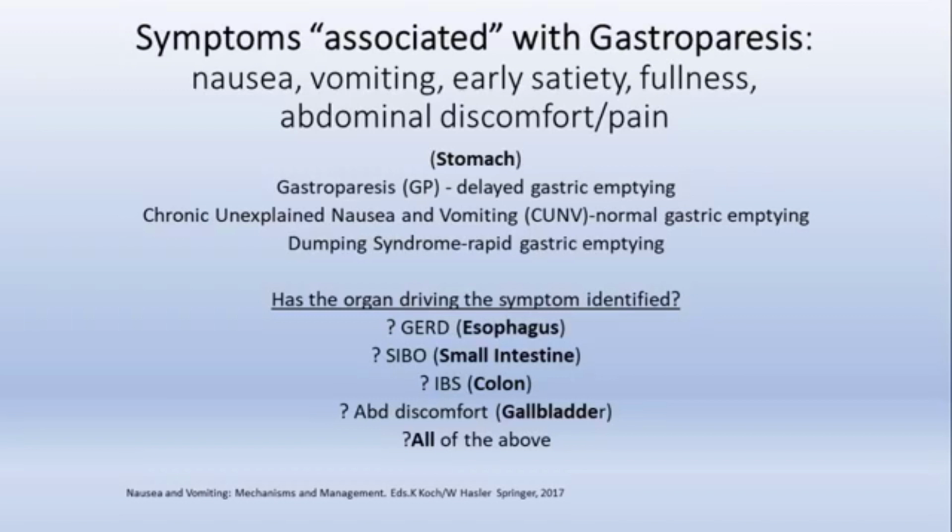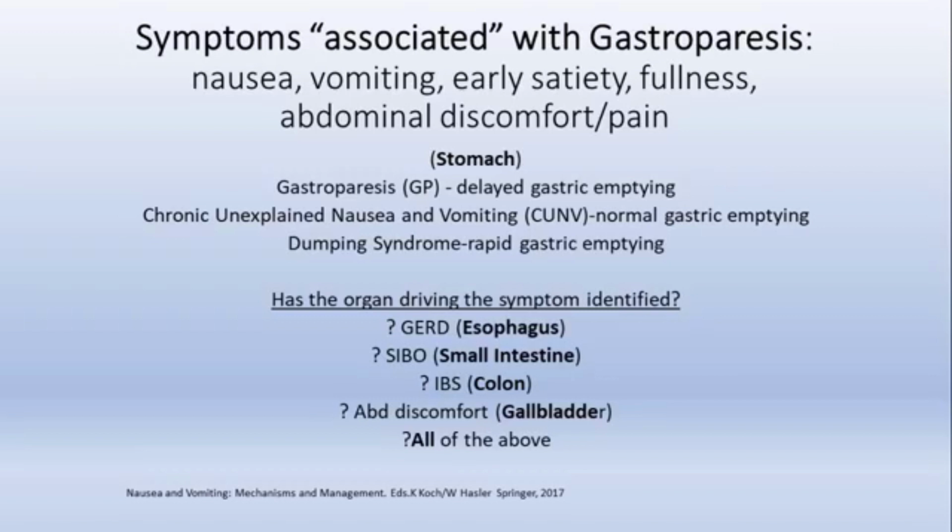They can all have these symptoms that are associated with gastroparesis. But what I really like to do when I see patients is, have I identified the organ that is really driving the symptoms? Because I do worry about the esophagus. Is there atypical GERD that's actually causing the nausea? Could it be the small bowel? SIBO is small intestine bacterial overgrowth.